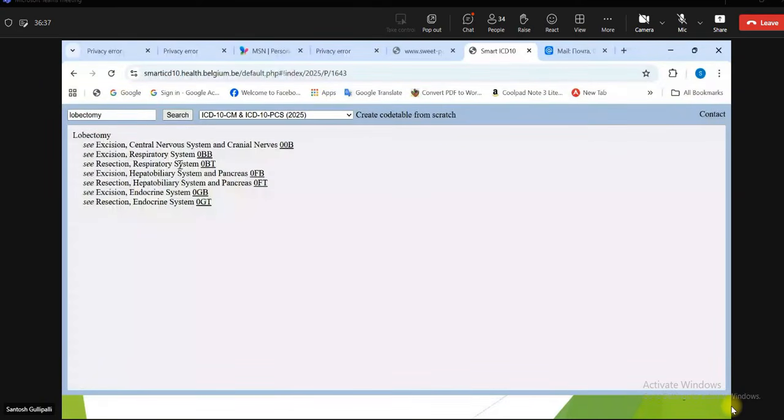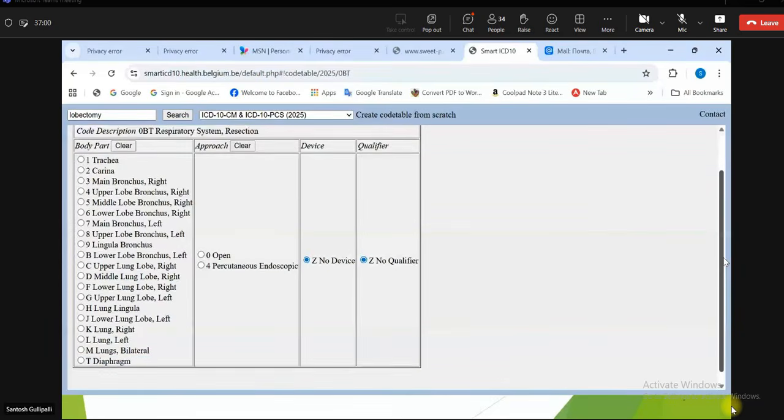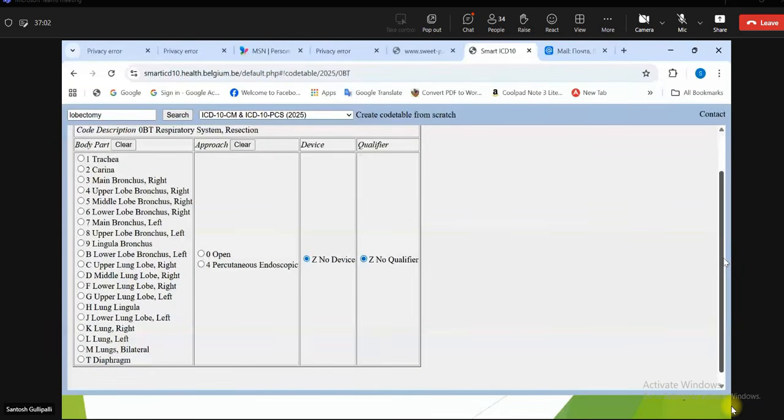The 0 is the medical and surgical section, B is the respiratory system, that is the body system. The root operation is resection. The body part, for example, right lower lobe lung. Where is the body part for right lower lobe lung? What is the character value? Lower lung lobe, right, where is it?